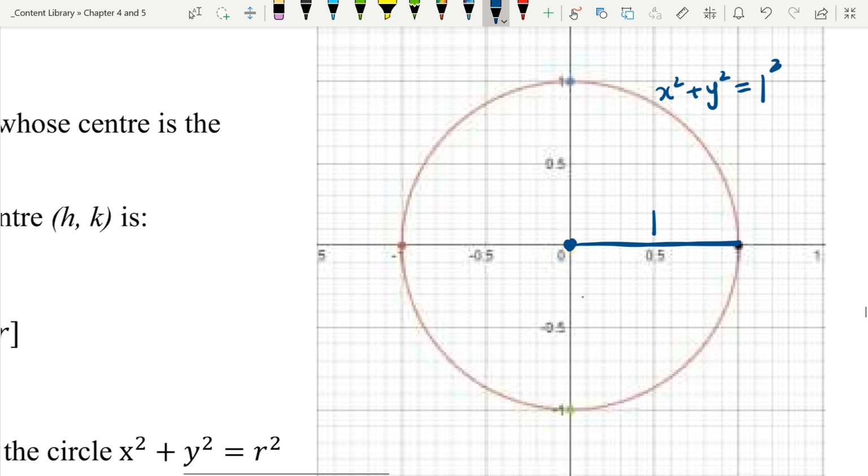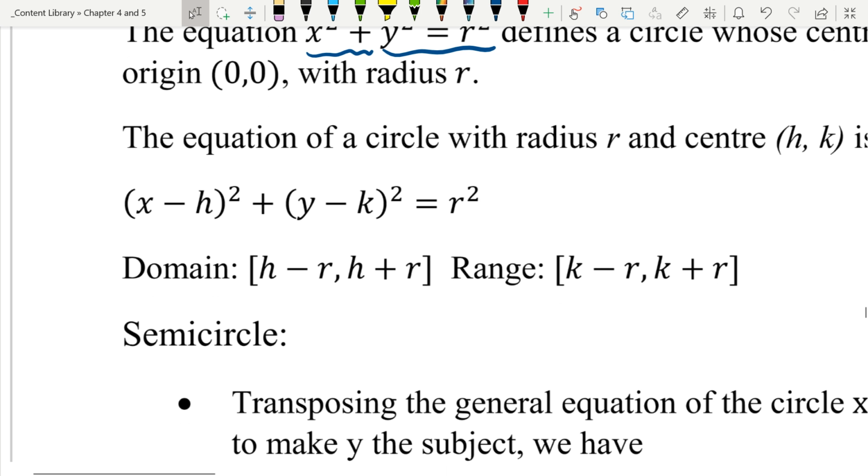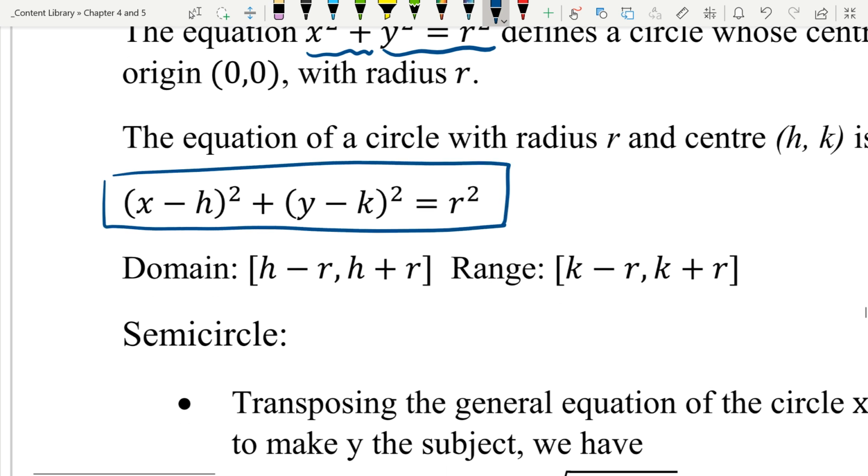Obviously, not all the circles start from 0, 0. The center won't always be at 0, 0. So the equation we have here is like a turning point form for quadratic, but we have y involved as well. So it's x minus h squared plus y minus k squared equals to r squared.